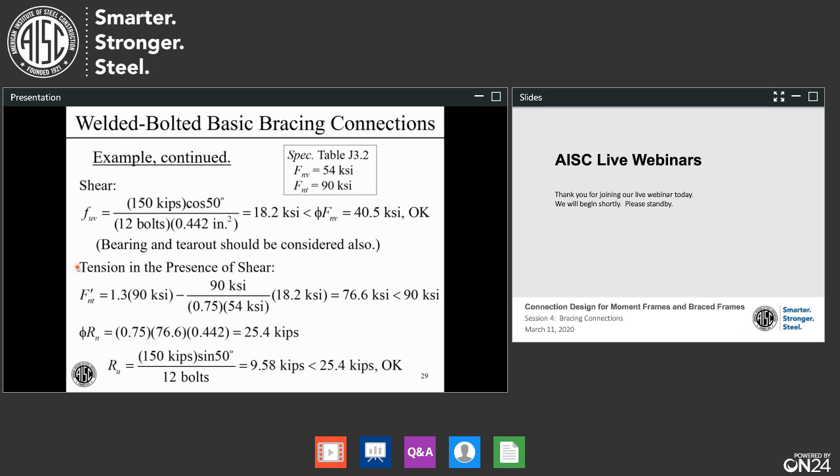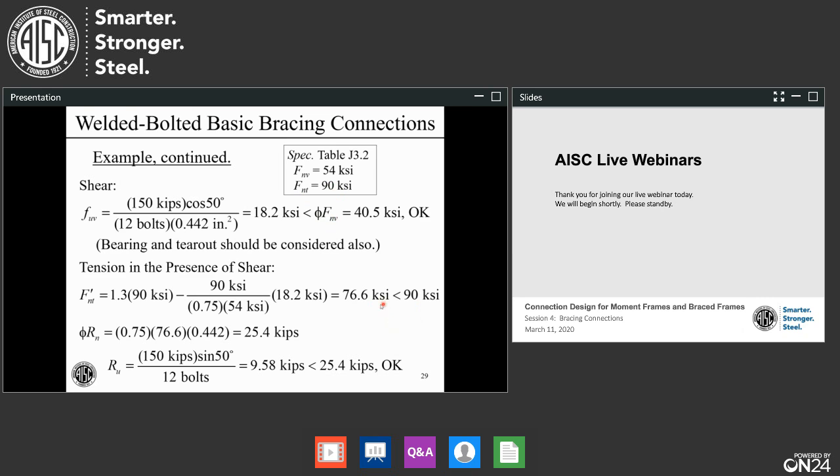All right, moving down to tension in the presence of shear. We calculate our F n t primed, plugging our numbers in. Here's our F sub u v going in. And we get 76.6 ksi from this expression. Now, whatever we get from that, we can never exceed F sub n t, 90 ksi.